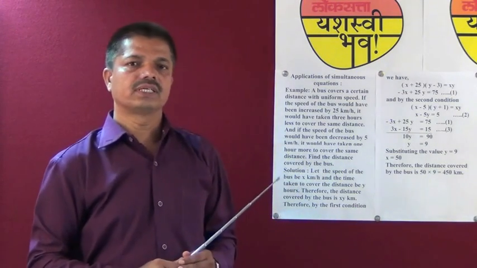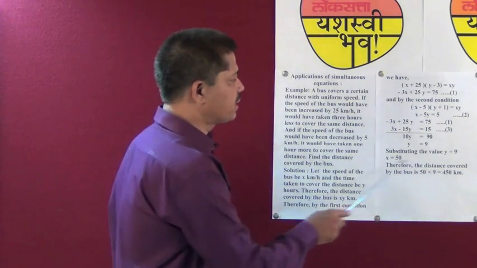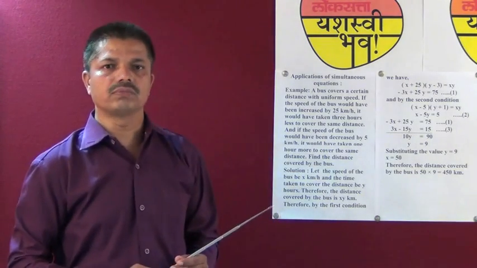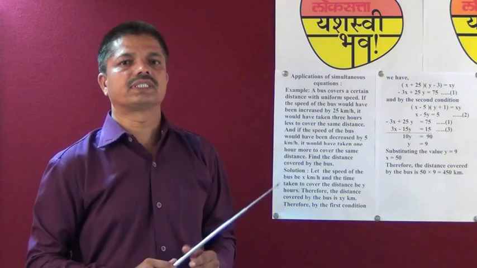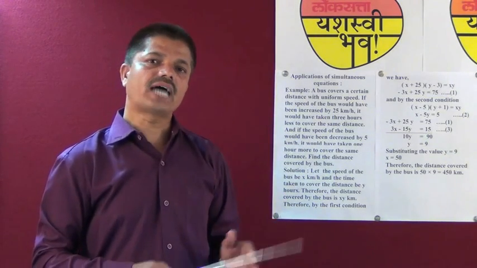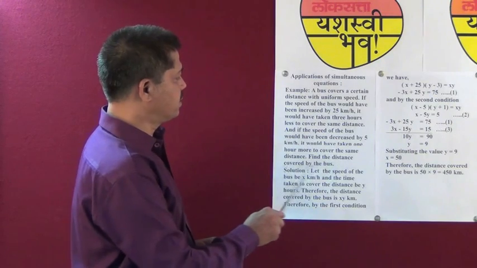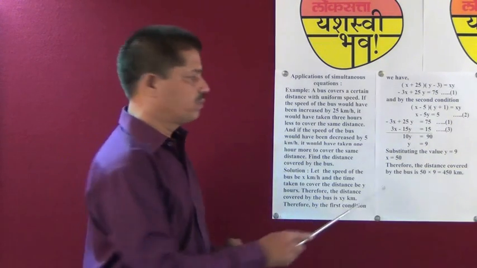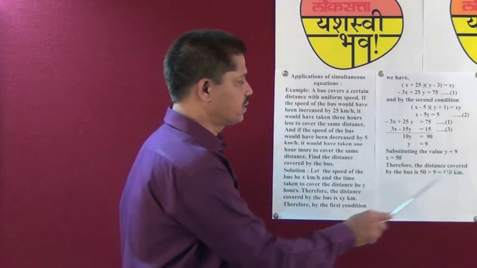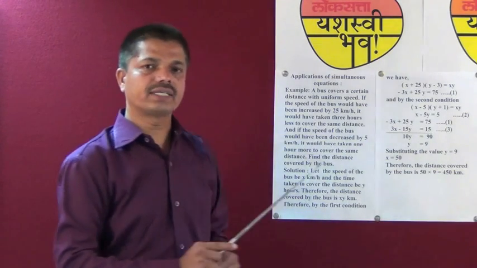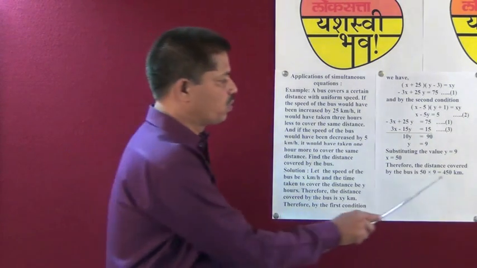Now many students forget to write this last sentence. Always remember that whenever you are solving a word problem, you should always end up with a sentence of what is asked in the given word problem. Here they have asked, find the distance covered by the bus, and therefore we have a sentence: the distance covered by the bus is 450, and we have attached the unit to it, kilometers.